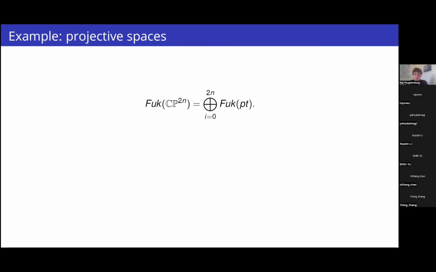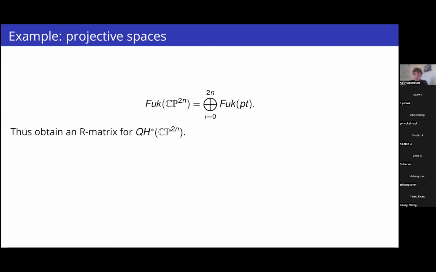In this case, if you take even dimensional projective spaces, or, with the recent work of Jiumu Zhao and Einar Rodland, you could also take odd projective spaces. But for even projective spaces, this works on the nose: the Fukaya category of CP^{2n} decomposes as a direct sum of Fukaya categories of points. So in this case, the Fukaya category is really easy to understand.